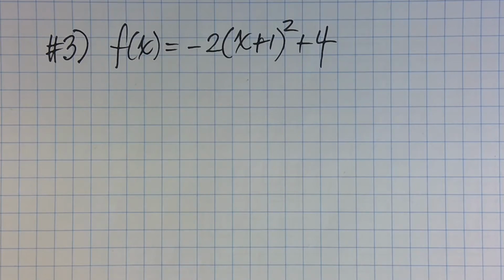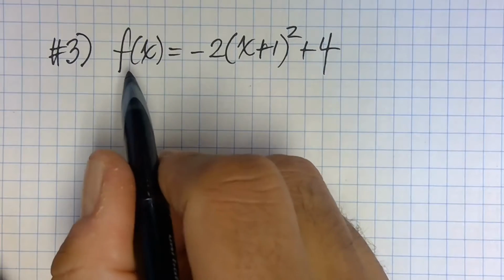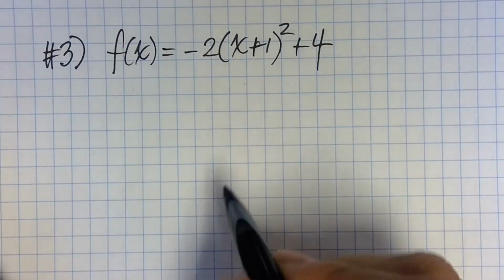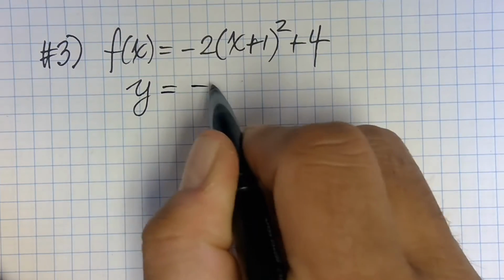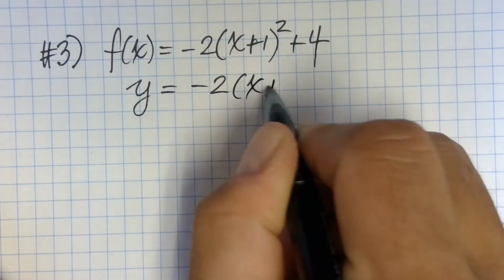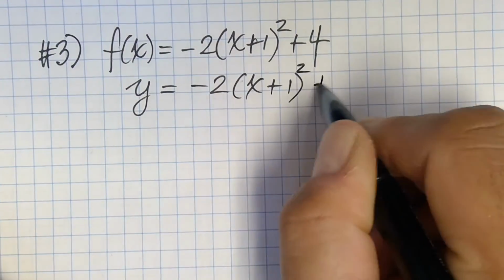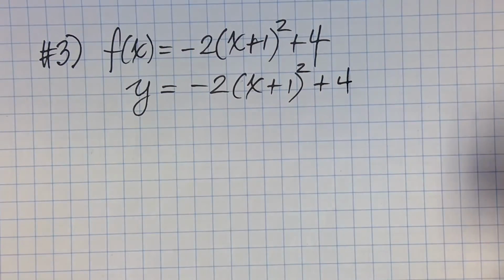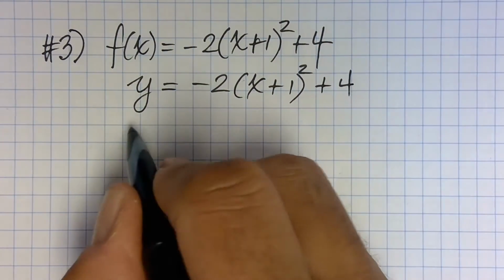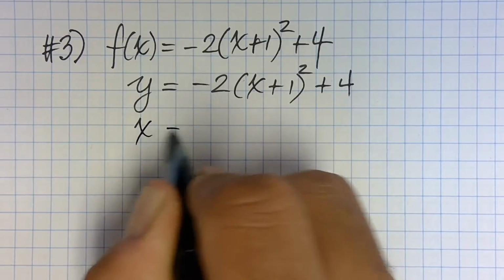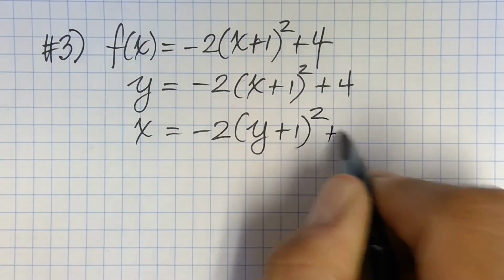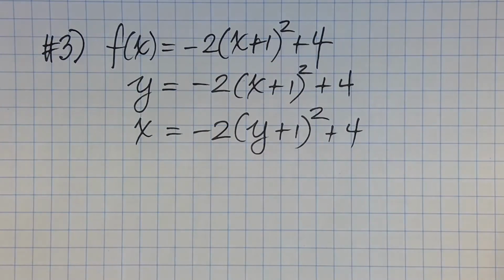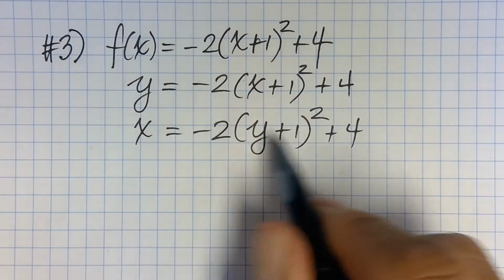So I'm going to try and find the inverse relation for this first. I've got the function f of x equals the expression. First step, I'm going to write it as y equals the expression they gave us. Then everywhere I have y, I'm going to write x. Everywhere I have x, I'm going to write y. Then I'm going to solve for the new y.